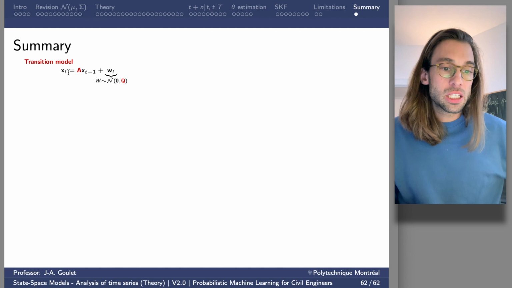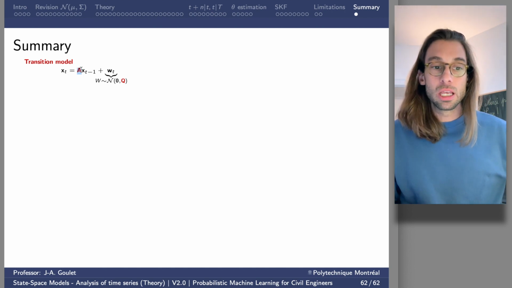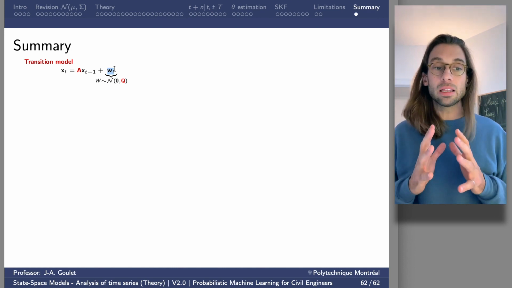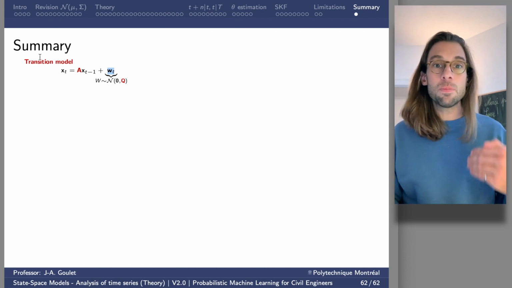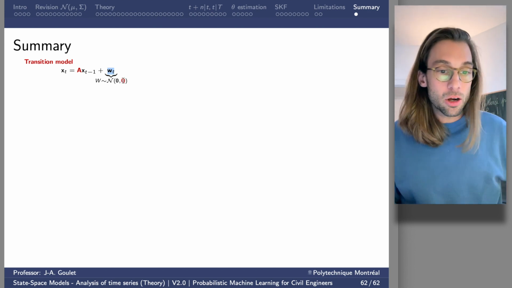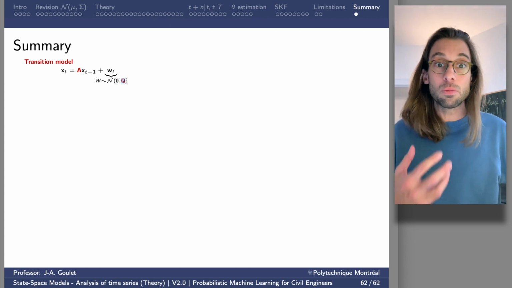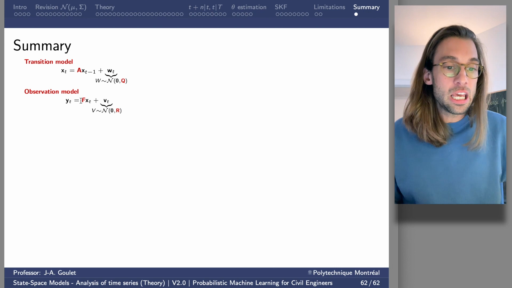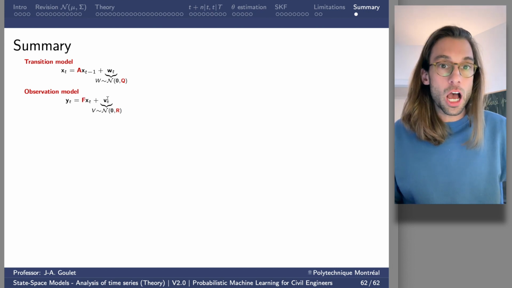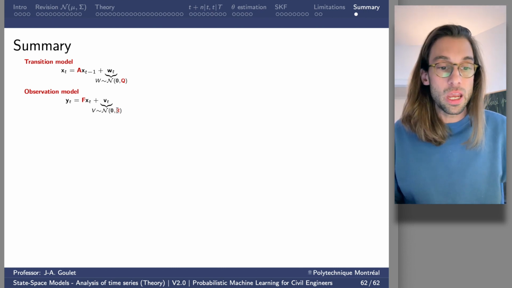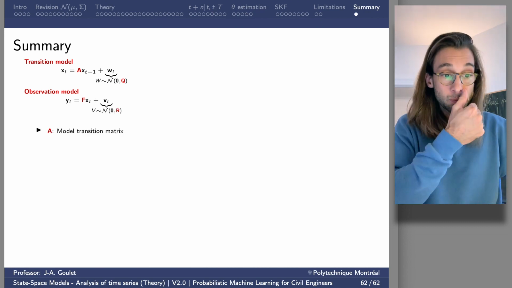This is governed by A, the transition matrix, and here we have W, which is the process error, that accounts for the fact that this transition model is an imperfect representation of reality, where Q is the covariance of that process error. I have my observation model, where y_t equals F times x_t plus v_t, where v_t is the observation error. V is a normal distribution, zero mean, covariance R.